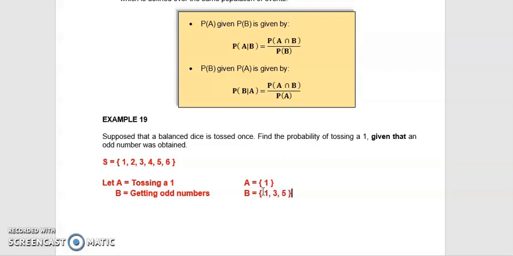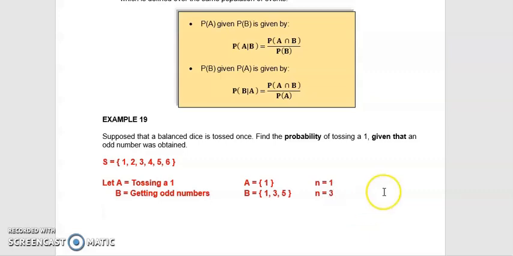Now we want to find probability, so we need to know the number of sample space for each event. Event A has 1 element, because we only have one number for number 1. And for event B, we have 3 numbers, so n equals 3.